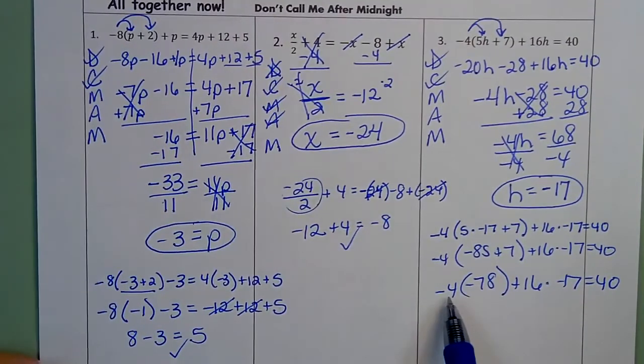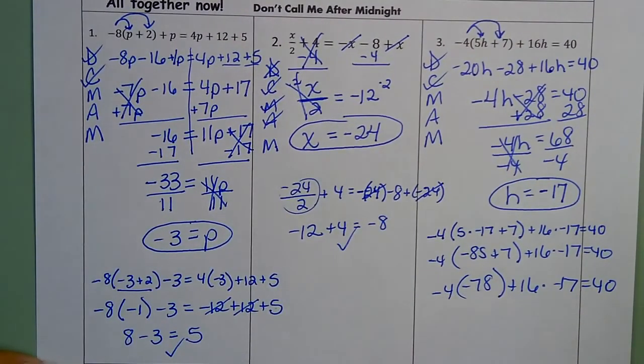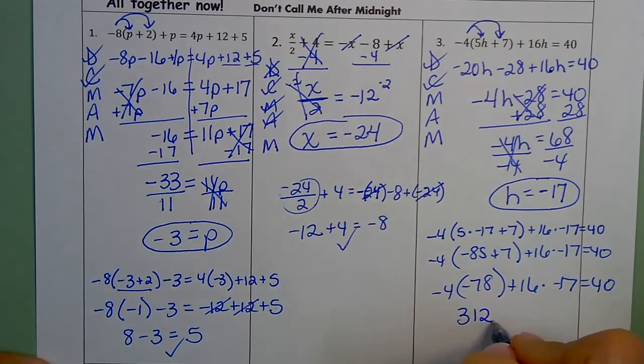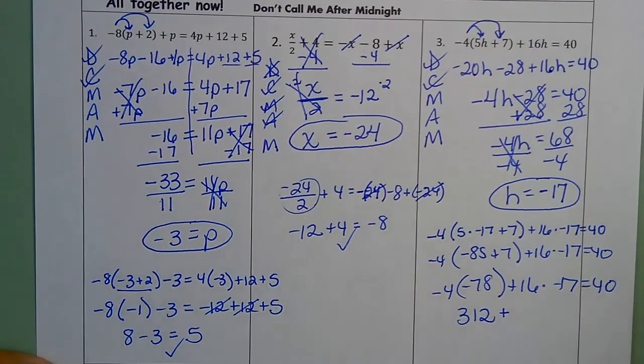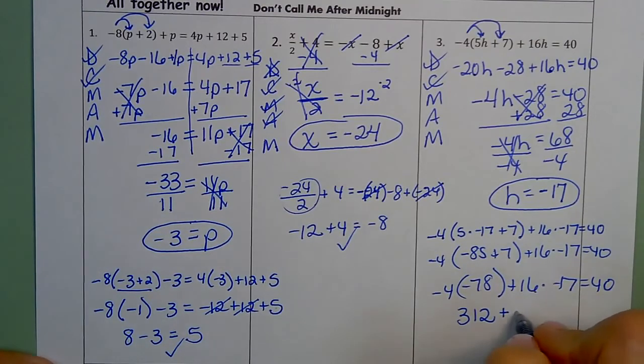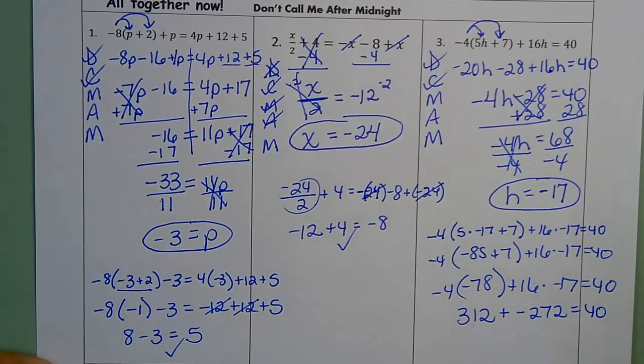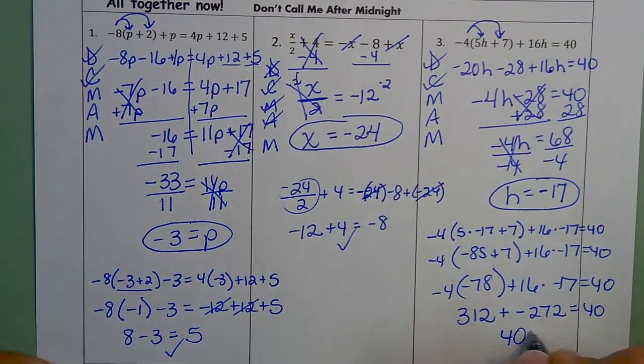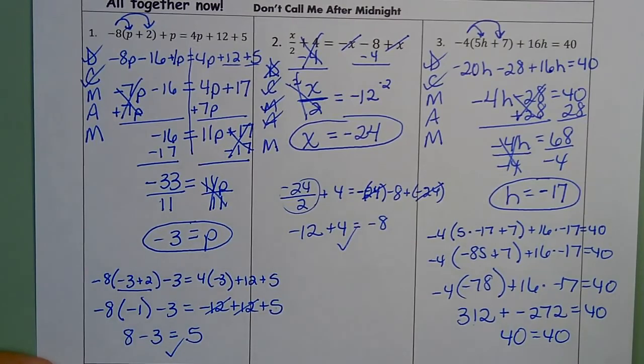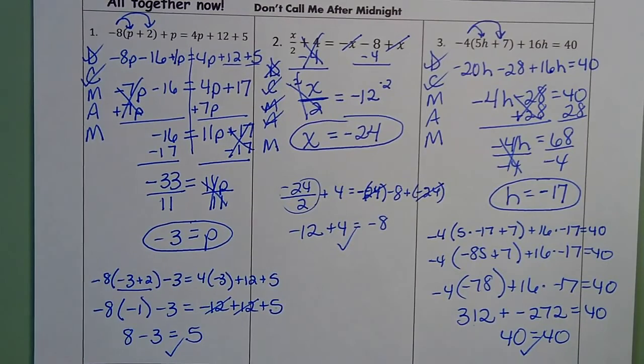All right, keep going. We have to multiply -4 times -78. And then multiply 16 times -17. All right, we put those together and we end up with 40. This is true. So h does equal -17.